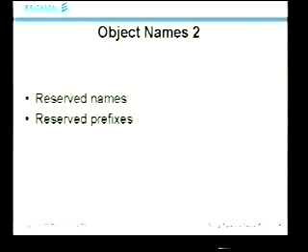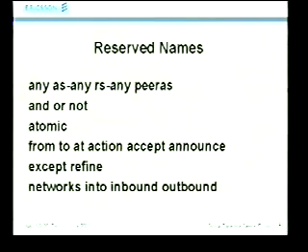These are the reserved names. I'm not going to read them all out, but you cannot name a person, object, or a maintainer except or networks. Now, if you read the RFC, what it's saying is you cannot use these words as names for objects within certain contexts.